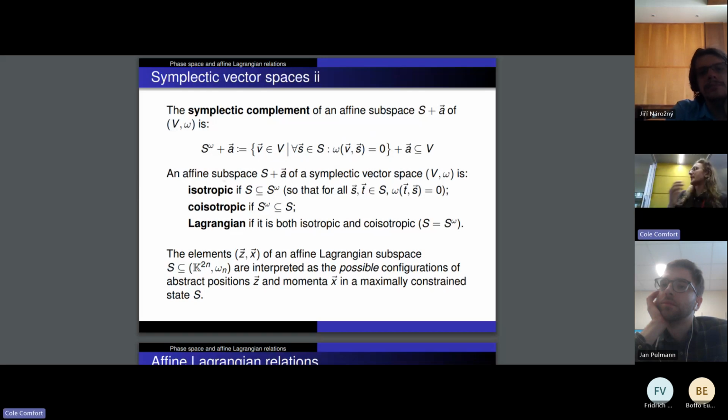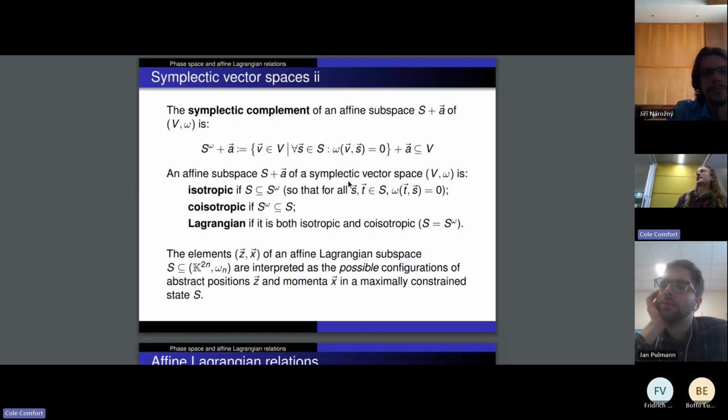And one way to think of what this means, first focusing on the Lagrangian subspaces, is you have a classical mechanical system of particles with positions and momentums, but you want the description of the system in terms of position and momentum to be the least possibly constrained.